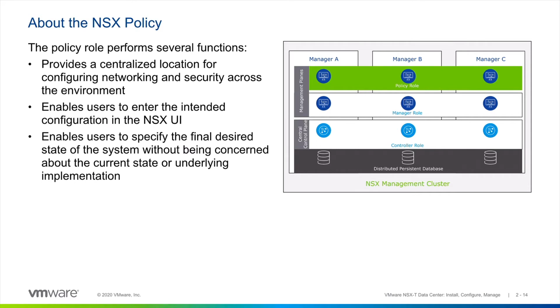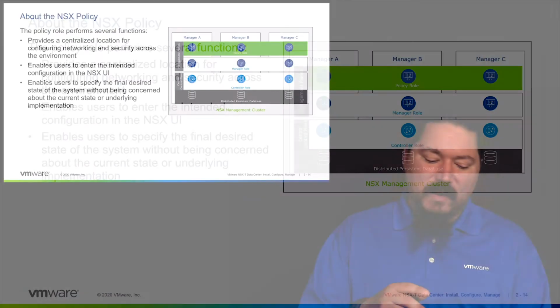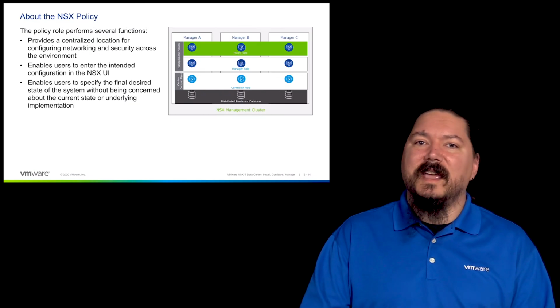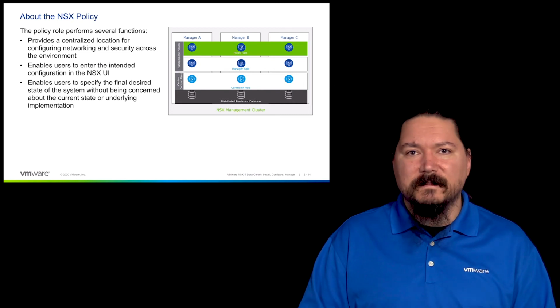When I create a layer 2 segment, for example, I can configure the gateway interface, and I can configure a DHCP range and so on, all through a single point of reference. I want a layer 2 domain with this gateway and this DHCP server and so on.